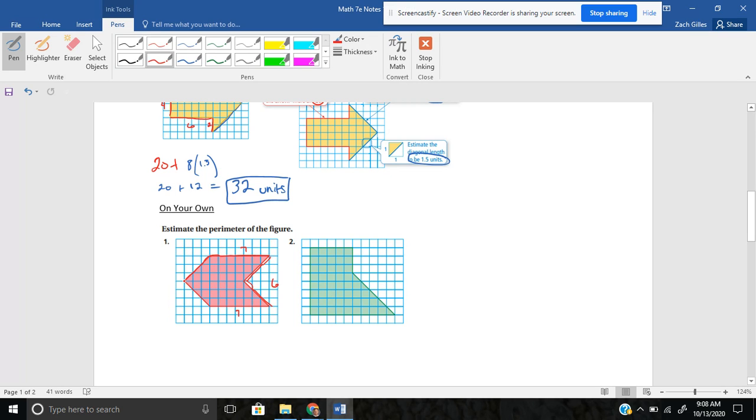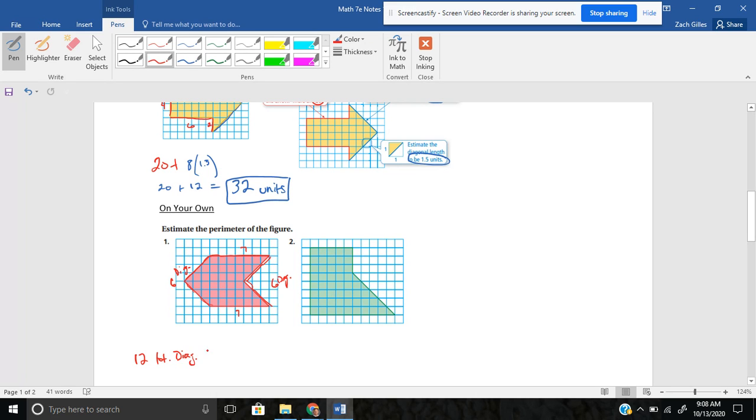Okay, so I have 6 diagonals here. I'm going to write that in, and 6 diagonals on the back side, and then 7 holes. So my 6 and 6 diagonals, I'd have 12 total diagonals.